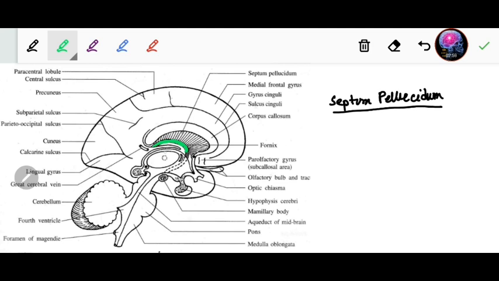Fornix is a curved band of white matter, and it is formed principally by the projection fibers.